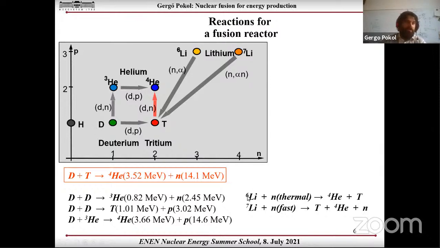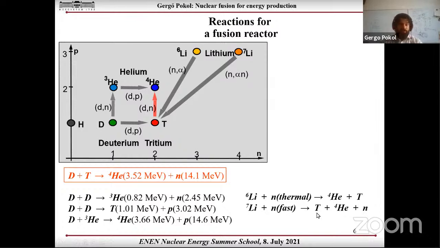So if lithium-6 gets a thermal neutron, it just likes to fall apart to helium-4 and tritium. And it's also exothermic, so there is even a few mega electron volts of energy produced. And also there's another reaction of lithium-7, which now needs fast neutrons. It's an endothermic reaction. It needs energy input as well.